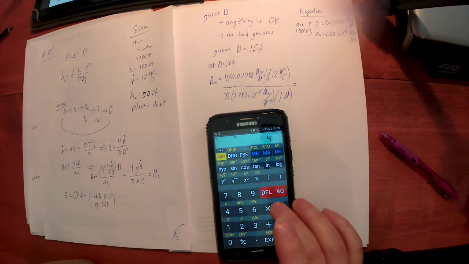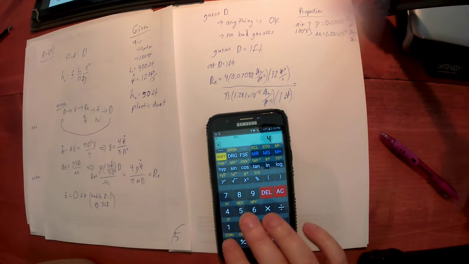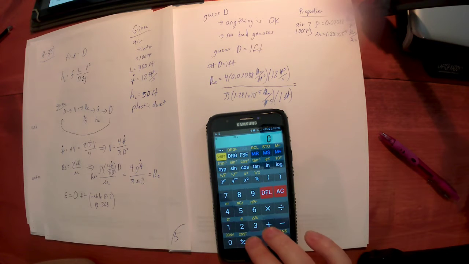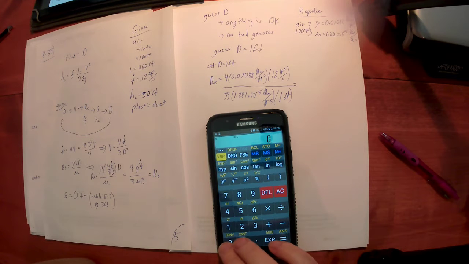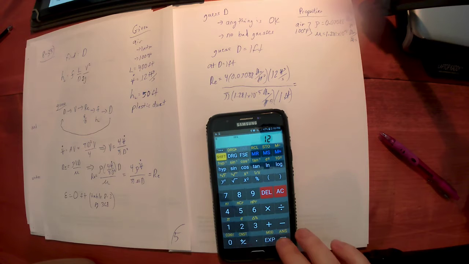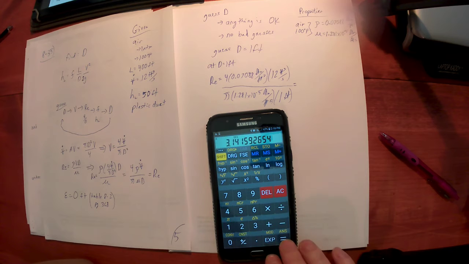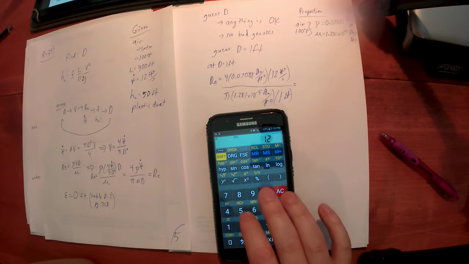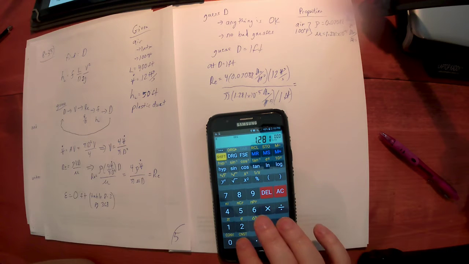We're going to say this is 4 times 0.07088 times 12 divided by pi and divided by 1.281e to the minus 5.